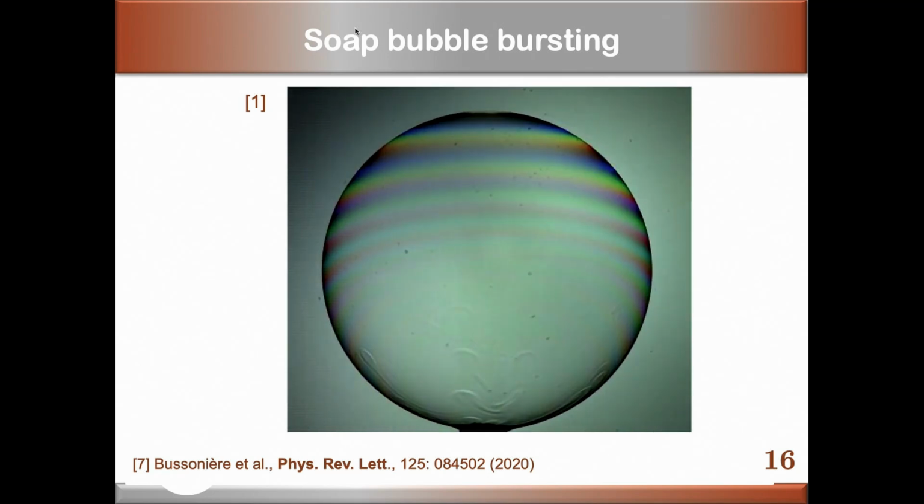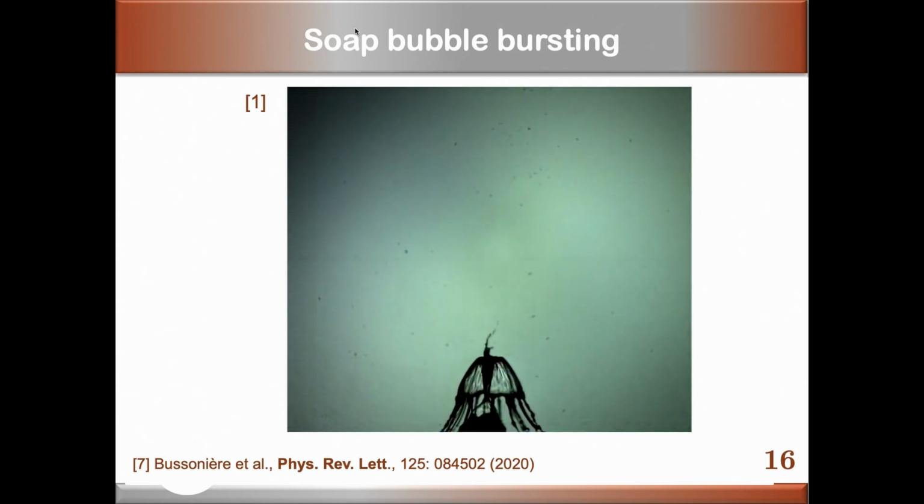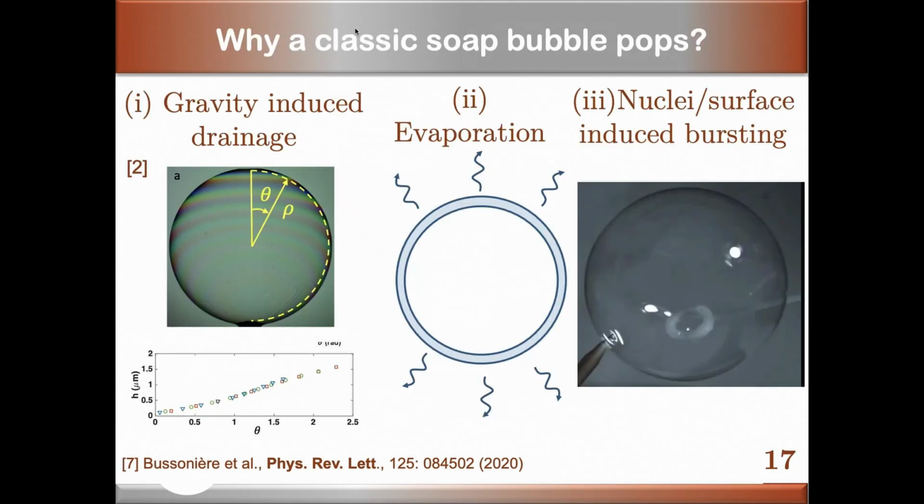So I guess that you have all already seen this kind of video where you have a soap bubble, and after some time, if you leave your soap bubble, then it will burst. Why is it bursting? Well, there are in fact 3 reasons why the soap bubble can burst.